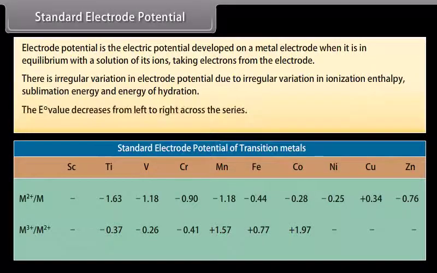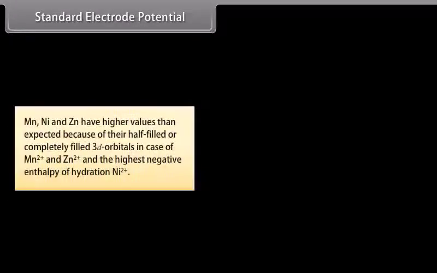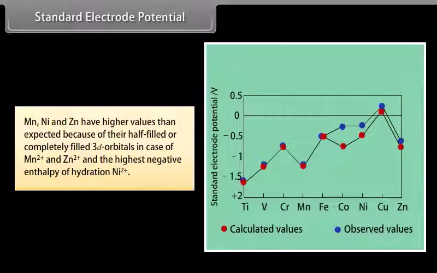The E0 value decreases from left to right across the series. Manganese, nickel, and zinc have higher values than expected because of their half-filled or completely filled 3d orbitals in the case of Mn2+ and Zn2+, and the highest negative enthalpy of hydration in the case of Ni2+.